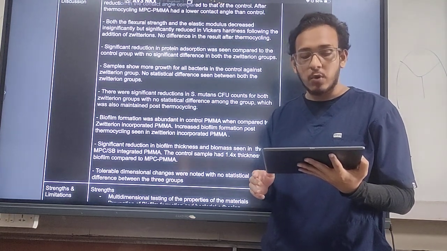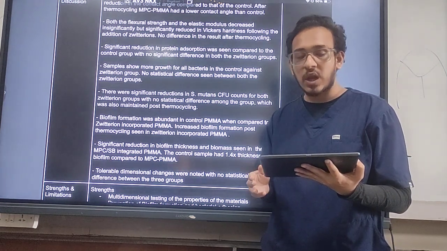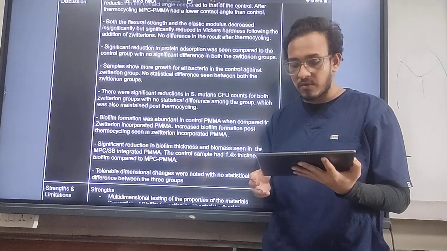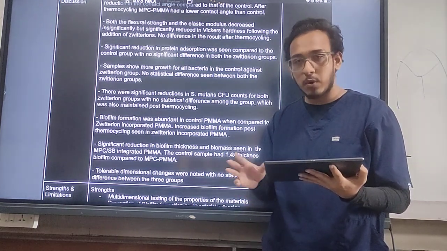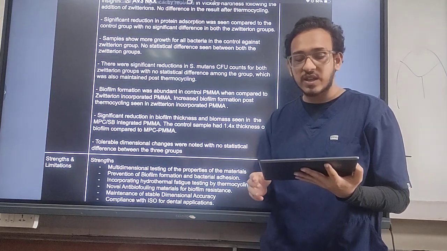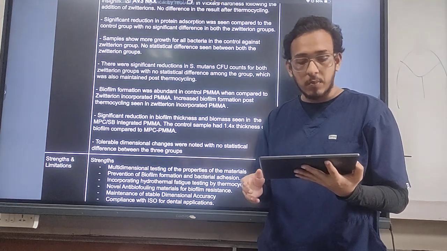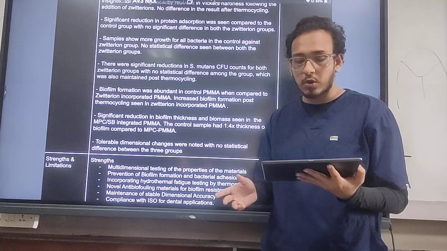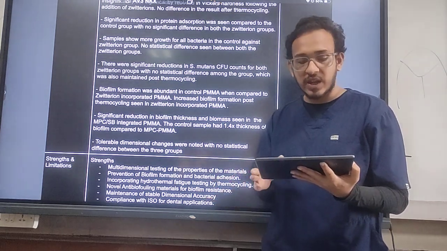Samples showed more growth for all bacteria in the control against the Zwitterion groups. No statistical difference was seen between both the Zwitterion groups. There was a significant reduction in S. mutans colony forming units for both Zwitterion groups, with no statistical difference among the groups, which was maintained even after thermocycling.